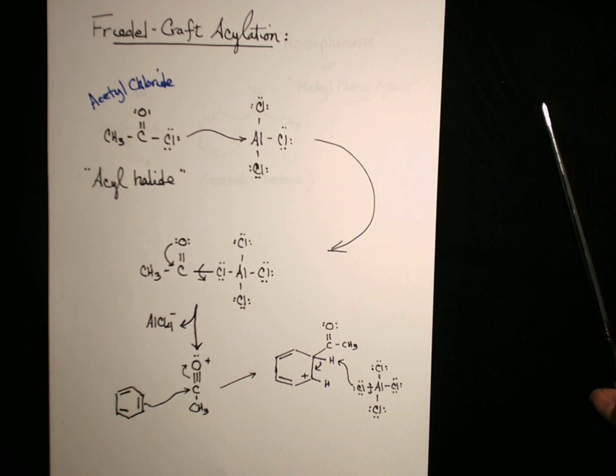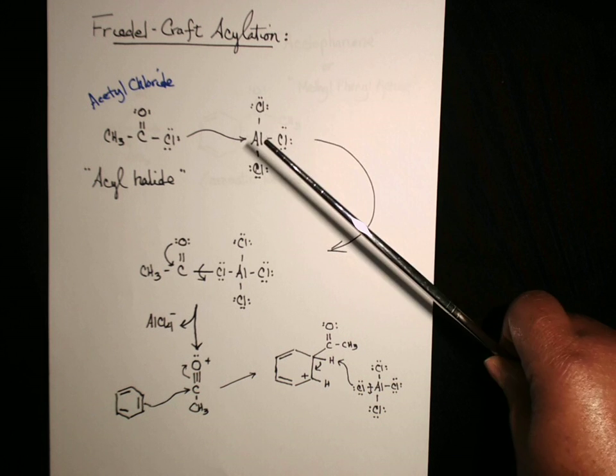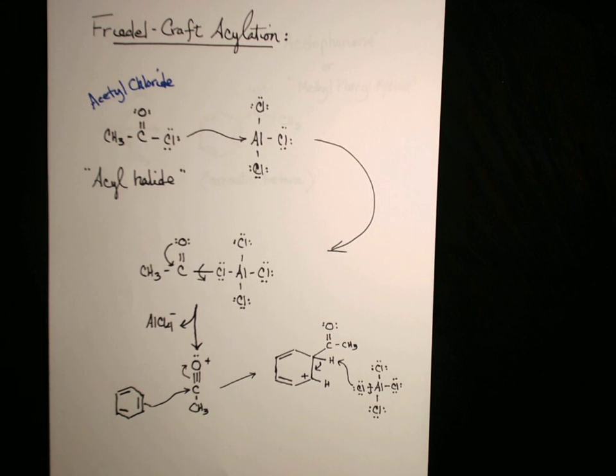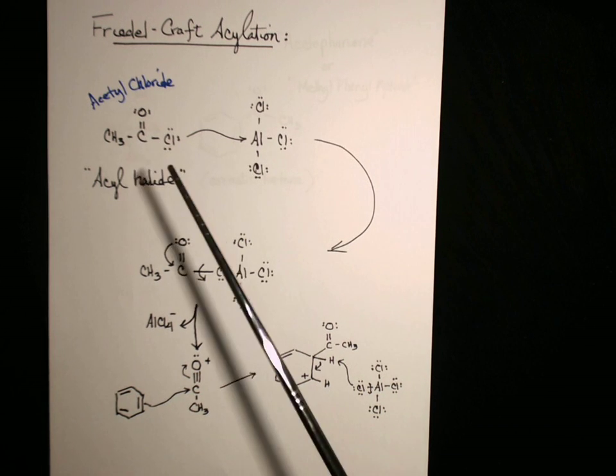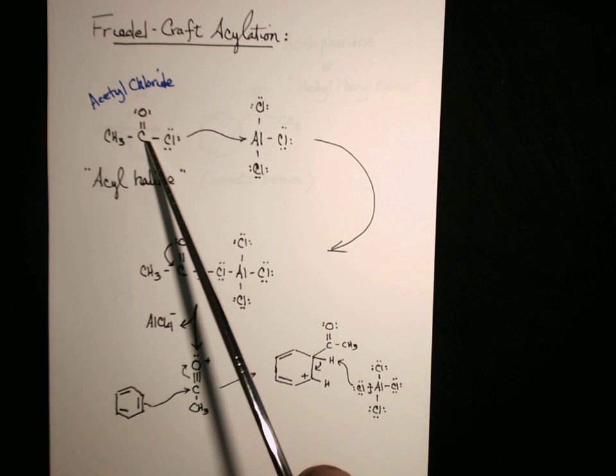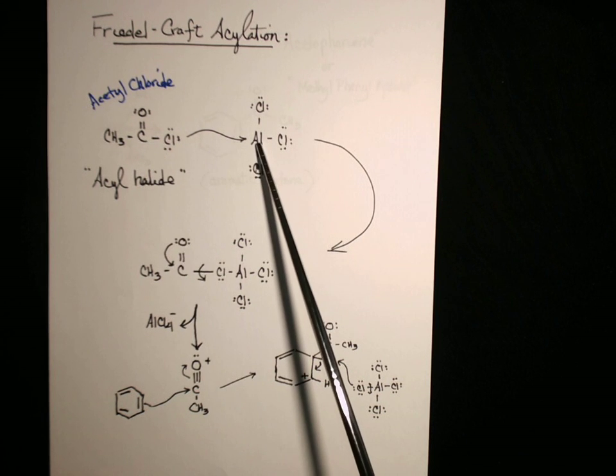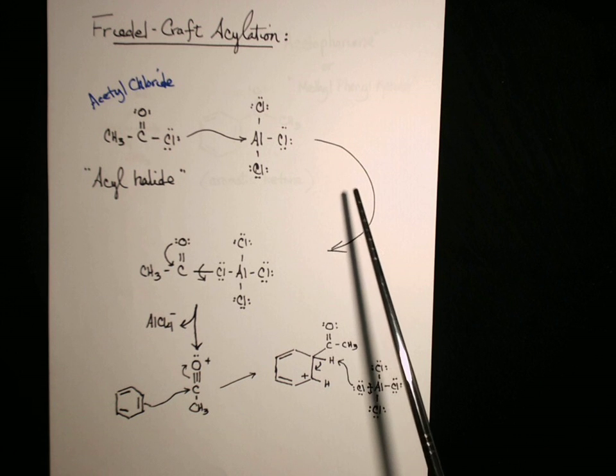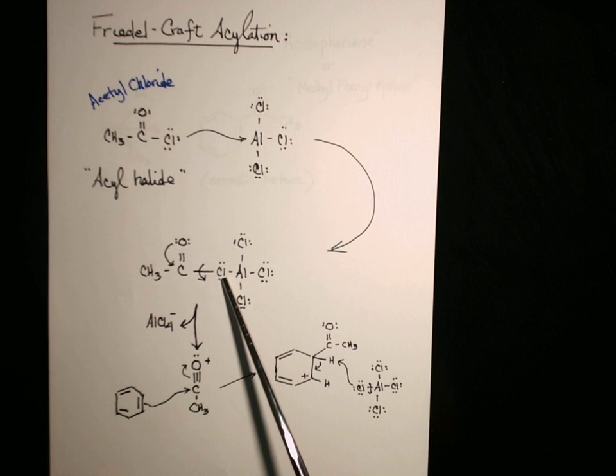One was a ferric type halide, ferric chloride, ferric bromide, and the other was aluminum chloride. You notice that the acyl halide adds on to the aluminum chloride as a whole.